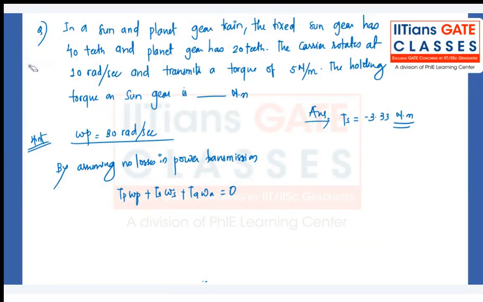Or maybe we can just solve it now itself, since it is a bit different one. I'll give you another question for homework. You can try solving this. I have already given you the hint. It's a planetary gear train. When it is a planetary gear train, you write it as (Ns minus Na) divided by (Np minus Na) equal to minus number of teeth on planet divided by number of teeth on sun.